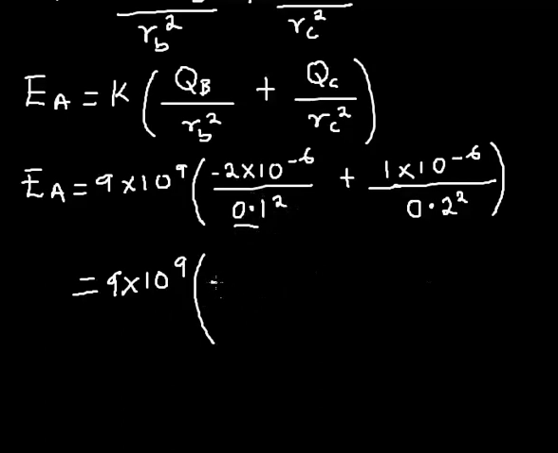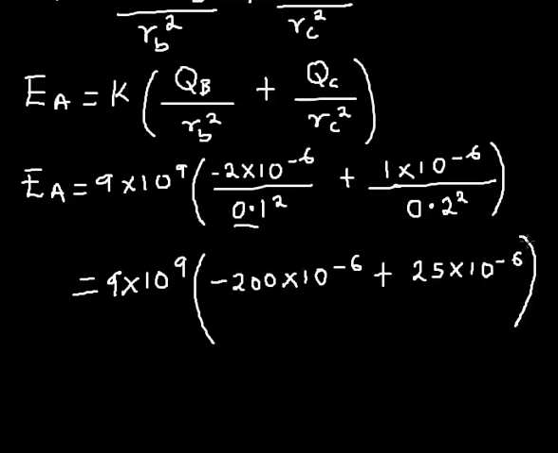That's going to be minus 200 times 10 raised to the power minus 6. Then plus 1 divided by 0.04. 1 divided by 0.04 is 25, times 10 raised to the power minus 6.